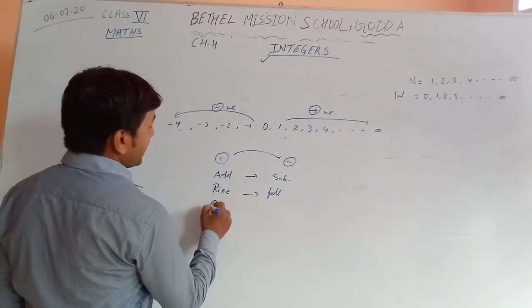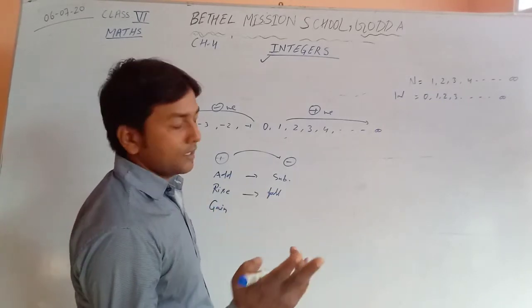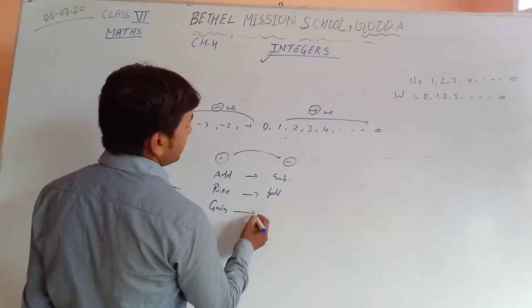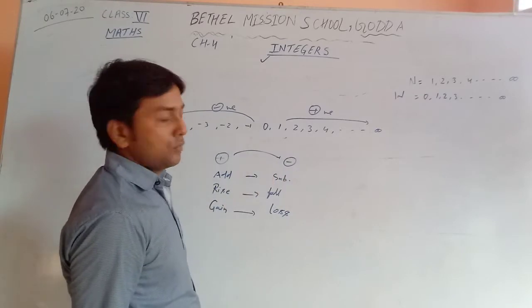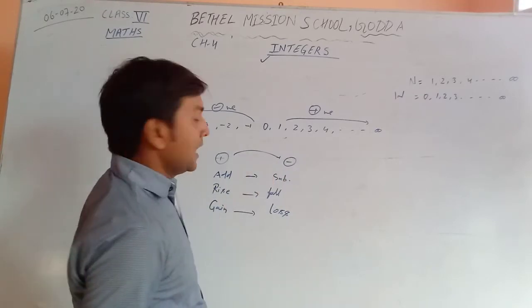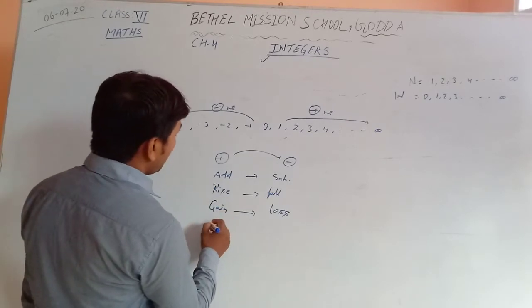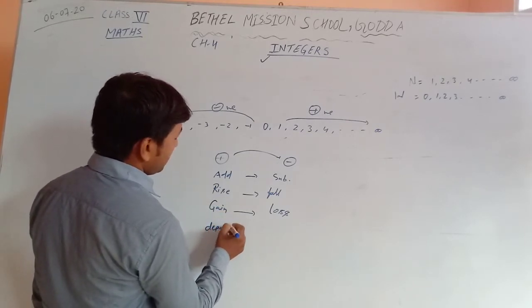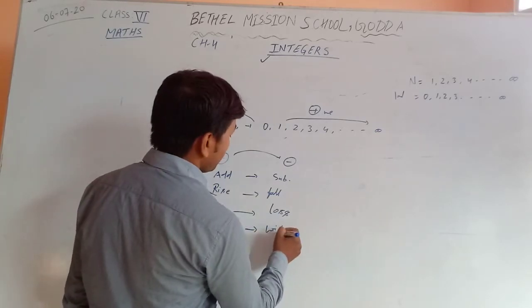Gain, and just opposite to gain is loss. Gain of 2 rupees. So loss is a minus symbol. We have to take the minus symbol. And deposit, just opposite, withdrawal.